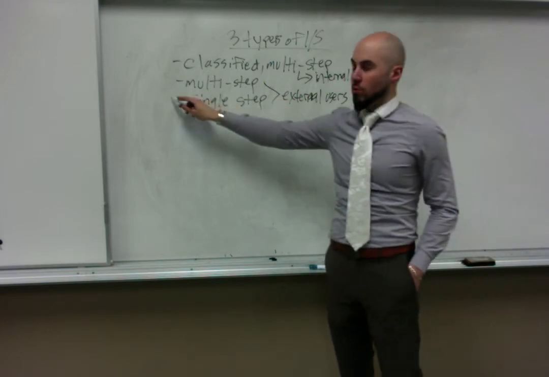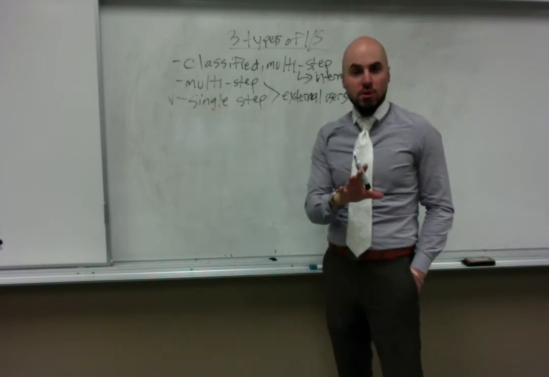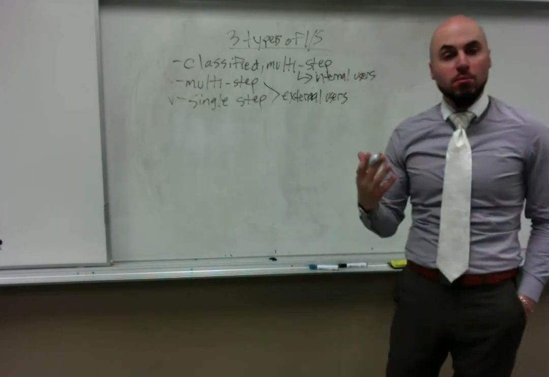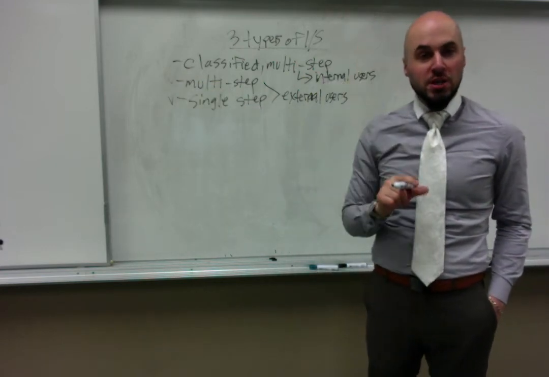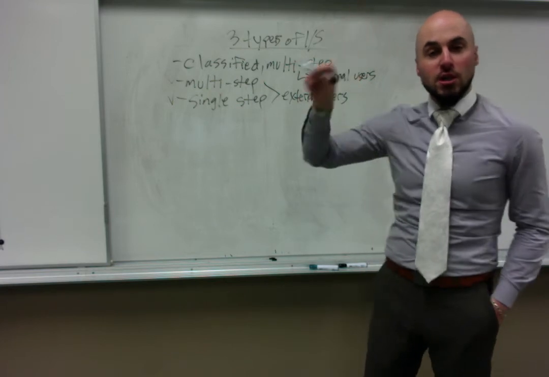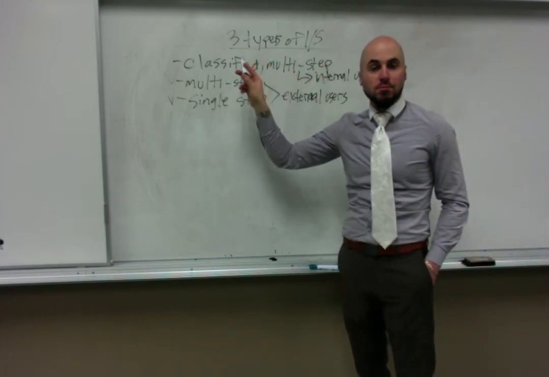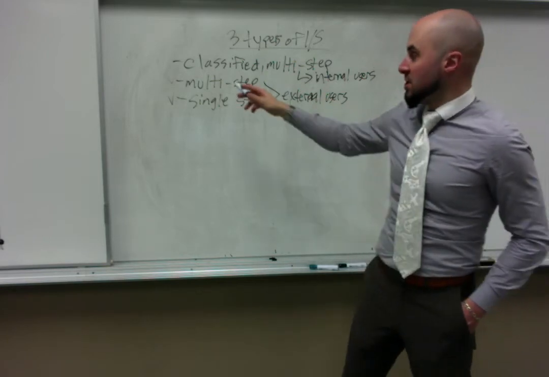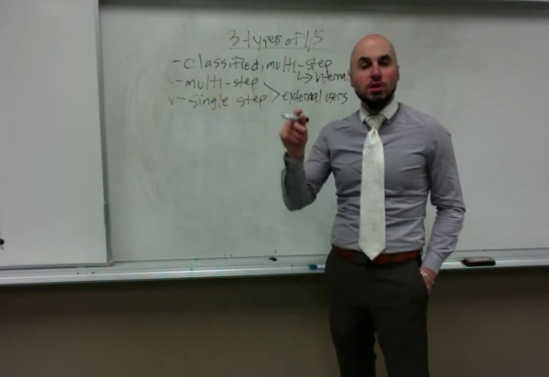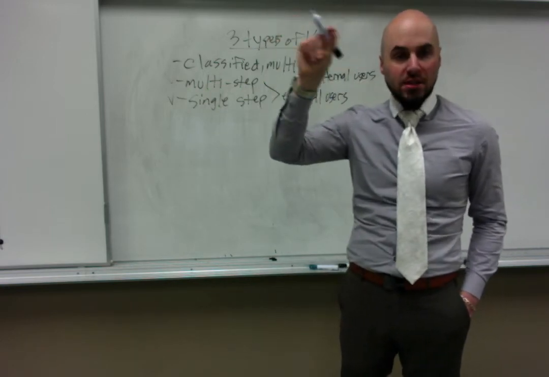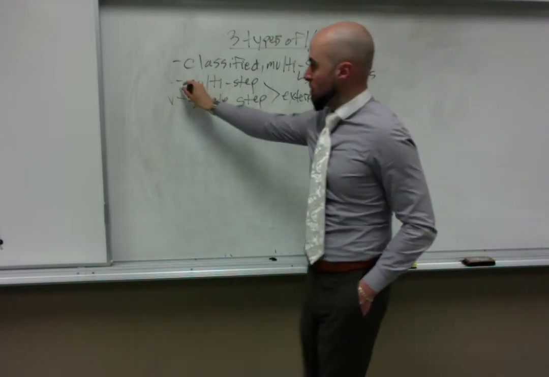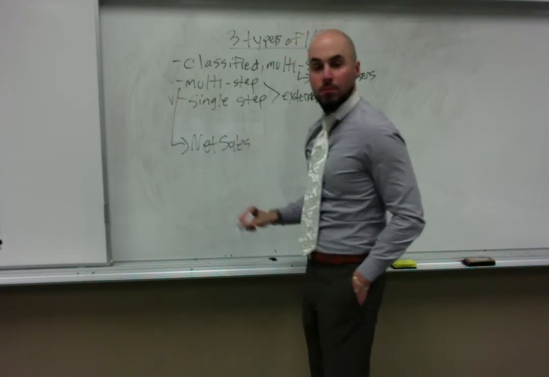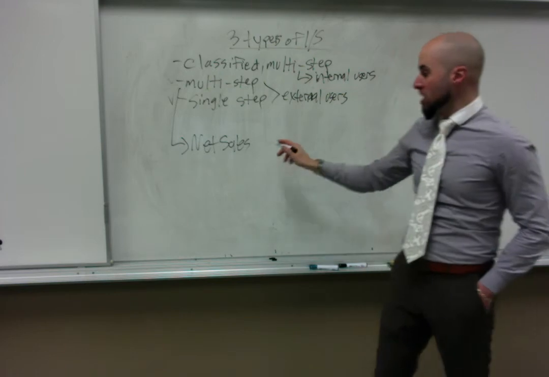So the single step we know. We just said that's what we're familiar with already. Multi-step, though. We're getting a little bit more detailed with each of the revenue and expenses section. Remember when we talked about net sales? In the multi-step, we're just going to write net sales at the top of it. So here's the multi-step. You have net sales at the top of that income statement, meaning that the number has already been provided to you.